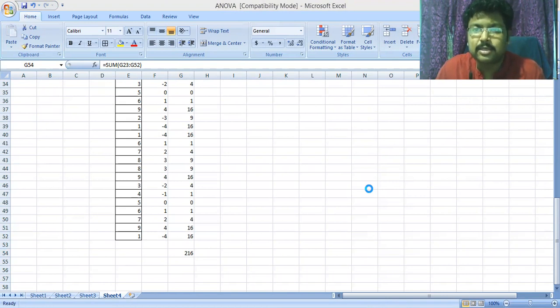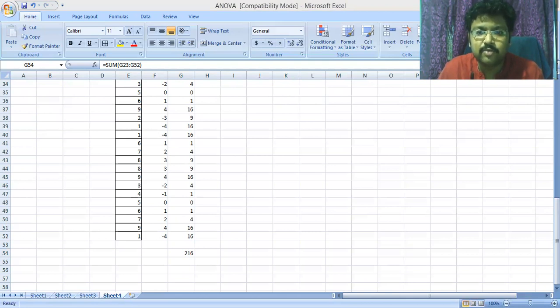Within the brackets we write x minus grand mean, and we take the square of this.